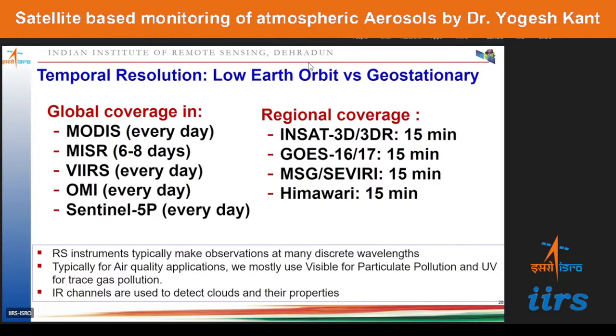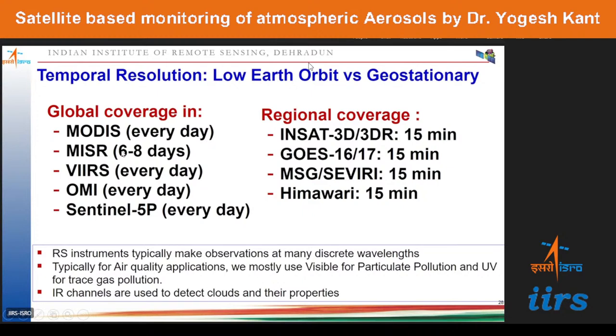In a nutshell, if you see the commonly used Earth observation satellites and the geostationary satellites, on the left hand side you can see the Earth observation satellites, which have global coverage. MODIS measures every day, so every part of the Earth is covered every day. In fact, twice a day, one pass around 1:30 in the afternoon and another around 1:30 at night.